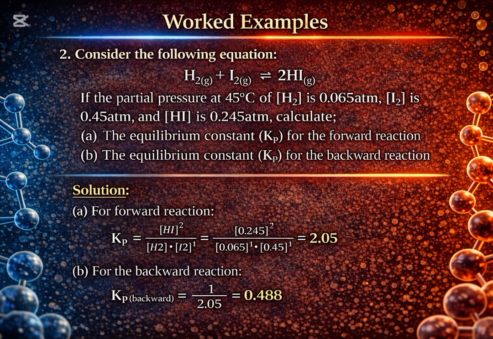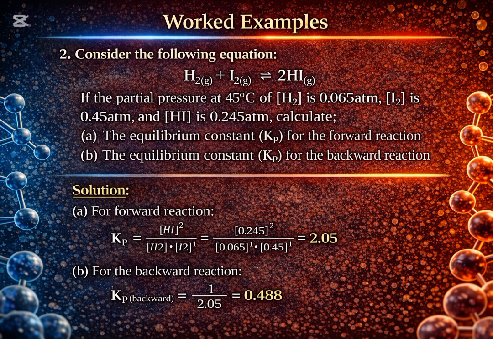For A, for the forward reaction, Kp. Now we are using Kp here because the question is talking about pressure and all the units are atm partial pressure. So Kp is equal to HI raised to power 2, that is the hydrogen iodide raised to power its coefficient, over hydrogen gas to the power of its coefficient multiplied by iodine gas to the power of its coefficient, which after substitution gives us 2.05.